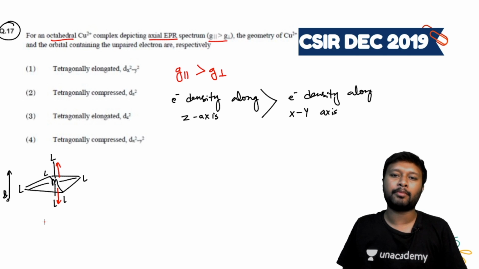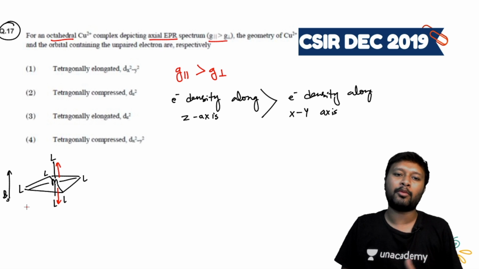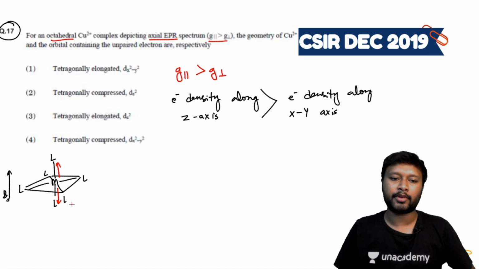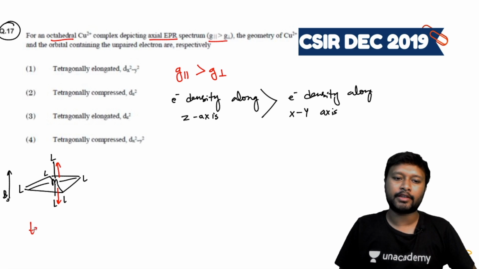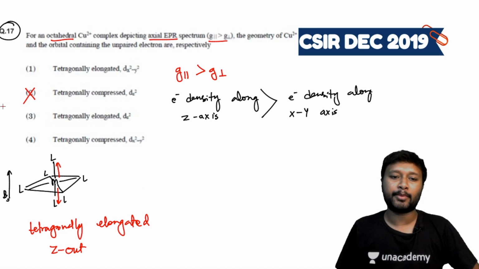This particular process is going to form a tetragonally elongated complex, okay. So what you are going to get is a tetragonally elongated complex, and the concept is called a Z out complex, right? It is a Z out kind of complex. So that means it's not tetragonal compressed, so you can cancel out option 2 and option 4.